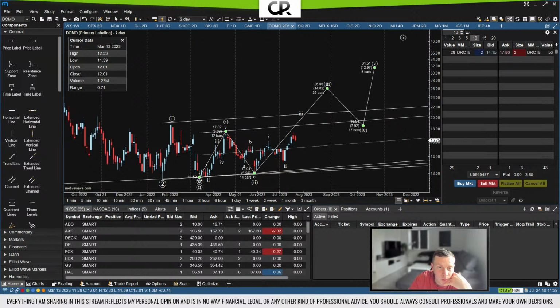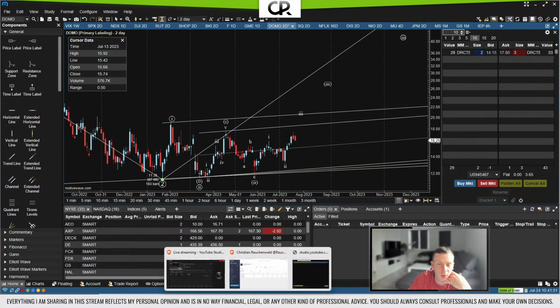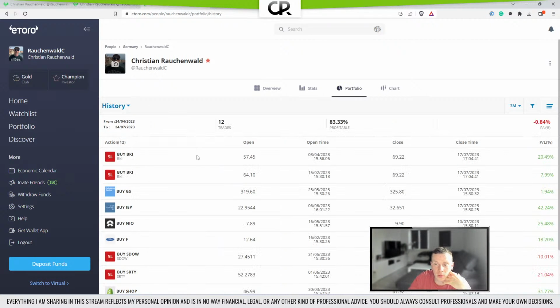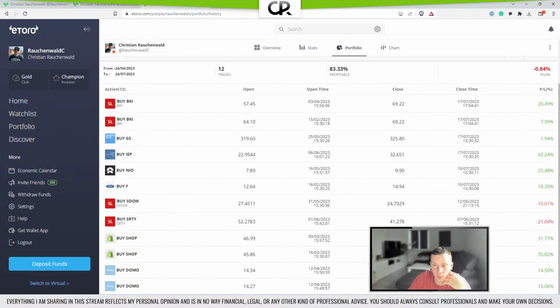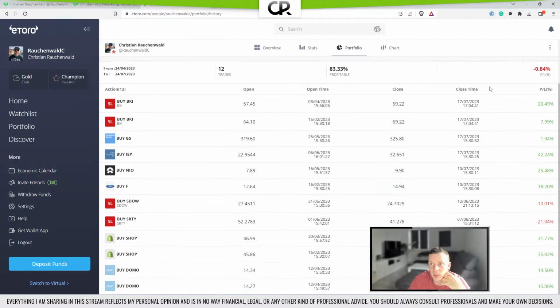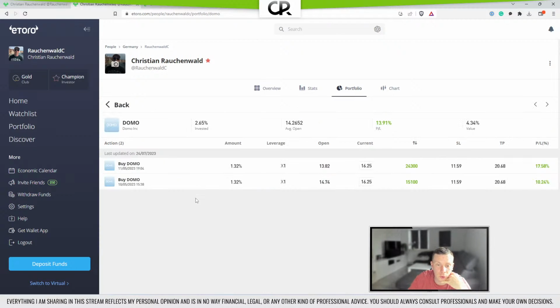Technically, we could set it here as well, which means our risk-reward ratio is still great. So if we lose that here, yeah, it sucks, but we already had a couple of profitable positions with Domo that we saw up here. Where do we have Domo? So we already took profits here, and that's the last 3 months. So it's not too bad.